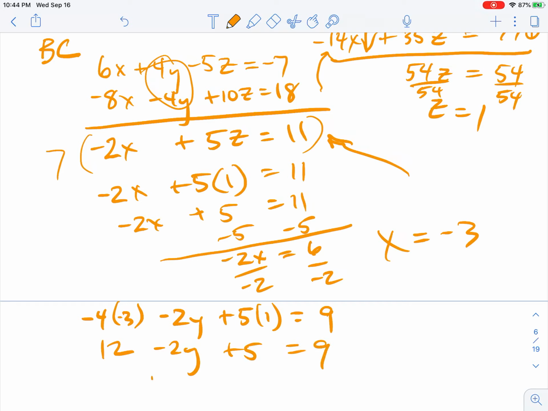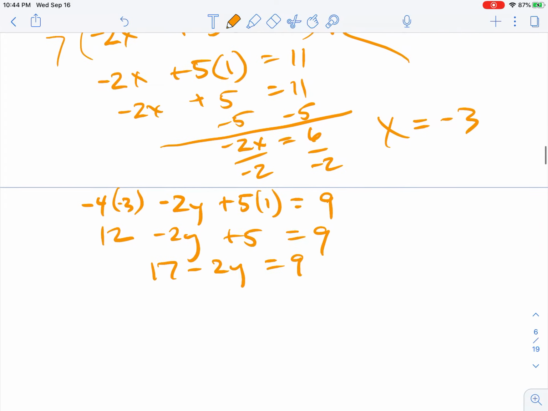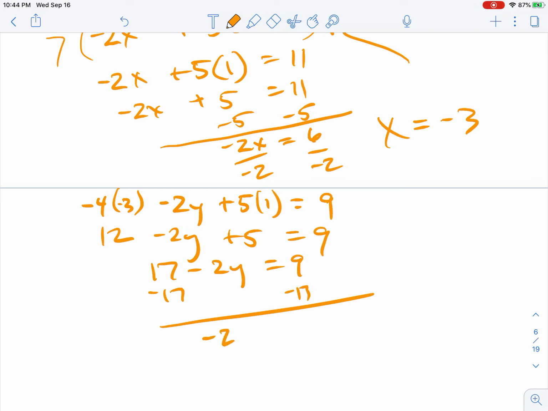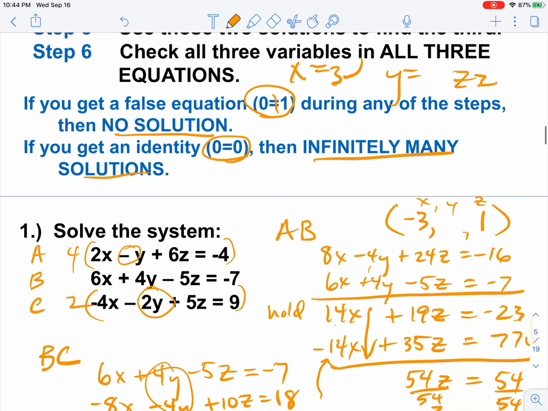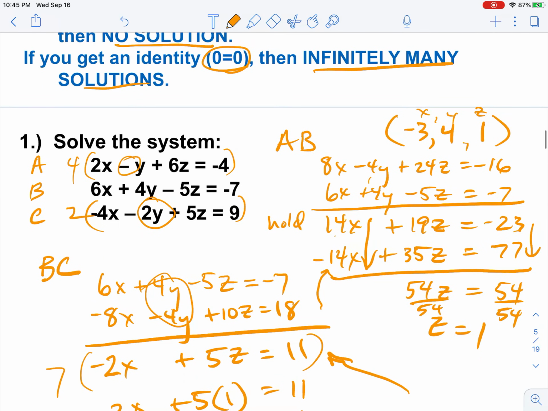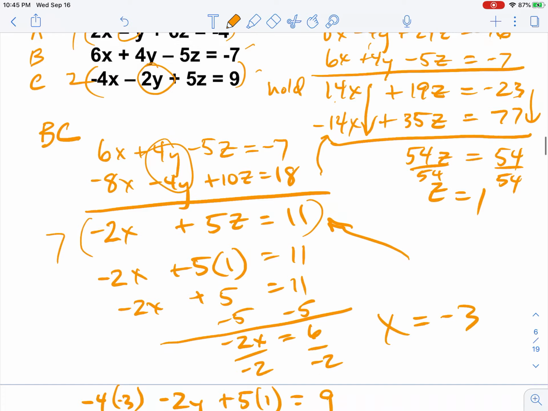I combine like terms, add the 12 and the 5 together. 17 minus 2y equals 9. And when I subtract 17 from both sides, I end up with negative 2y equaling a negative 8. Divide by negative 2, and it looks like y equals 4. So my ordered triple is negative 3, 4, 1. That is the solution that satisfies each of these equations.